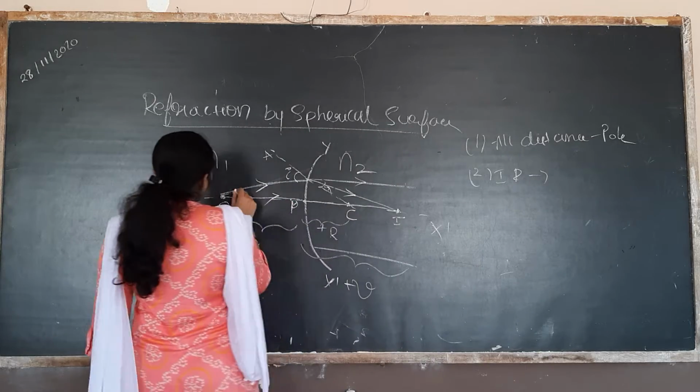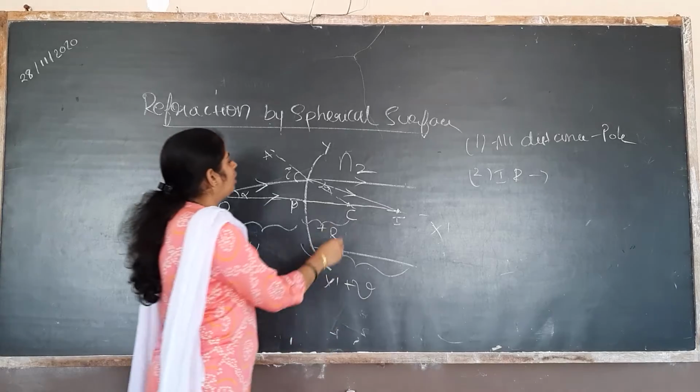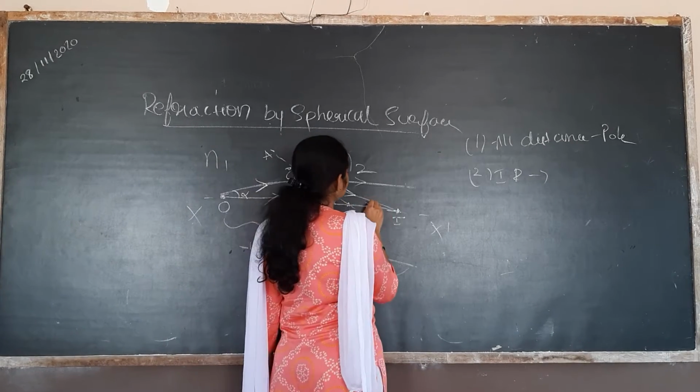Next, this angle we will call alpha, this angle beta, and this angle gamma.